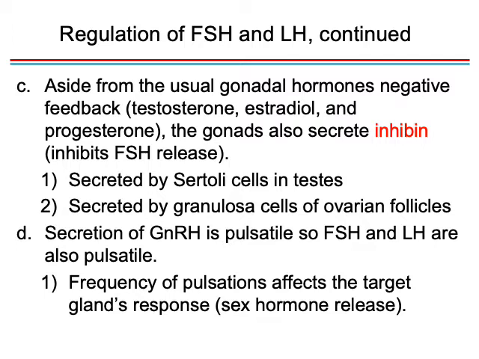Finally, the effects of sex hormones, especially testosterone, on FSH, LH, and GnRH production produces an interesting 24-hour concentration amount of testosterone. And you'll see on the next slide that testosterone is actually produced in pulses.